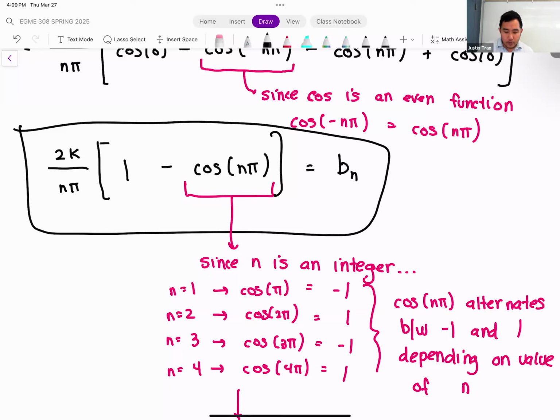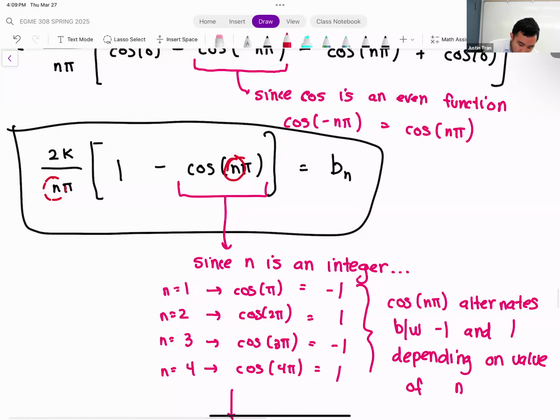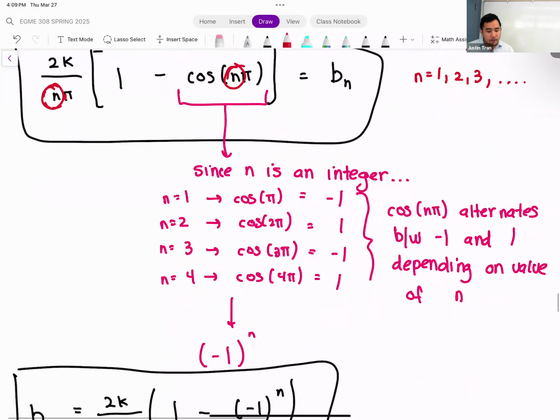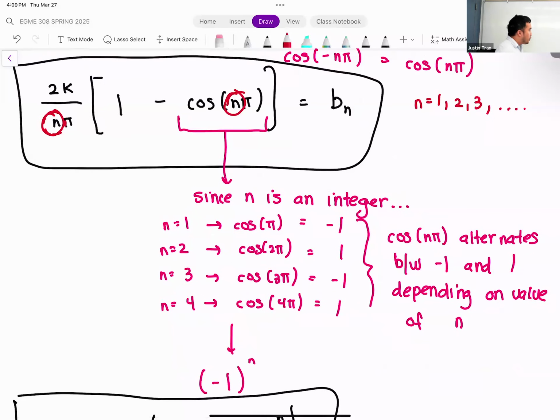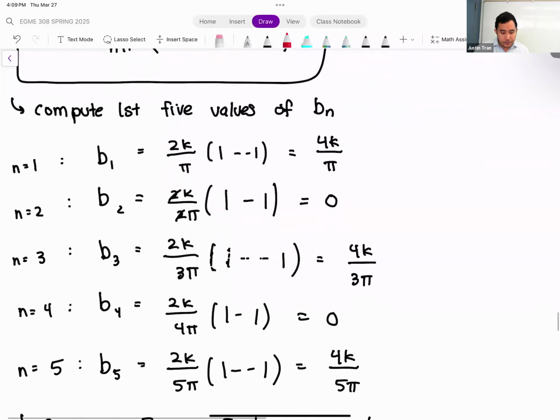Right. So if you notice, this expression here depends on the value of n. Okay. Where n is going to count up from 1, 2, 3, and so on. Okay. So that's exactly what we did here. So for every value of n, we computed the value for bn. Okay. And we got all of these values here.